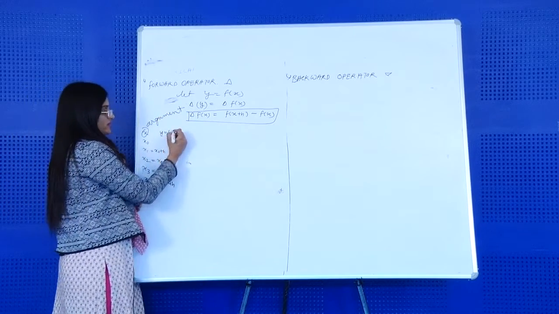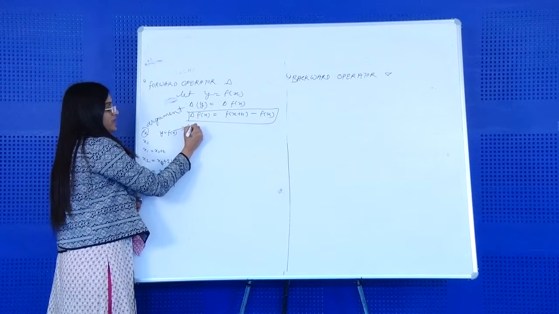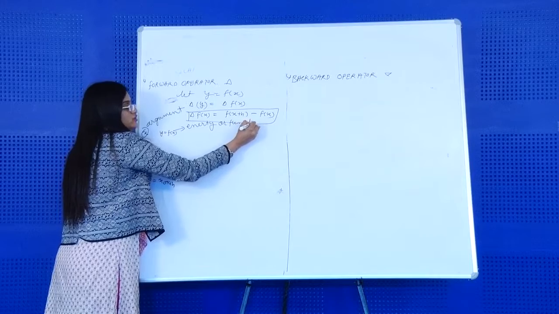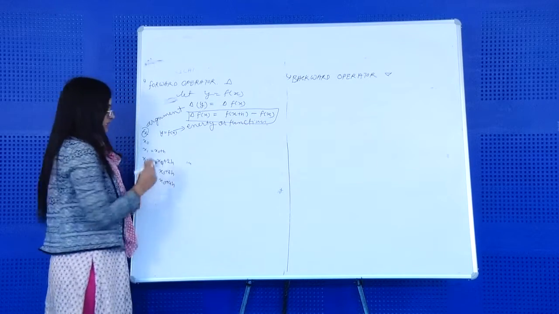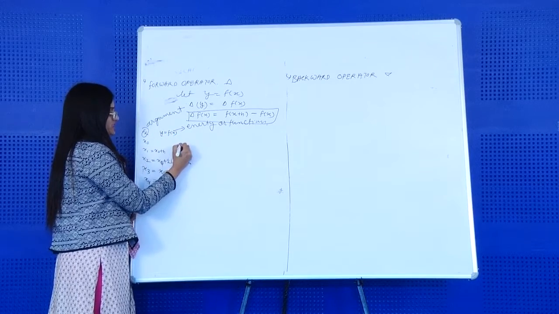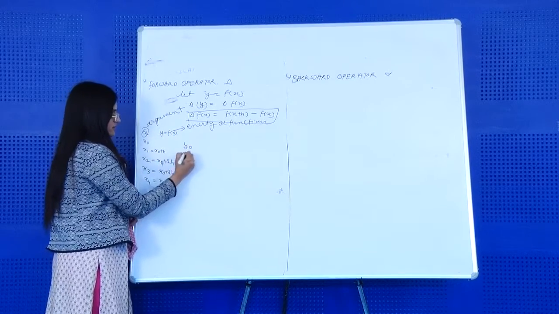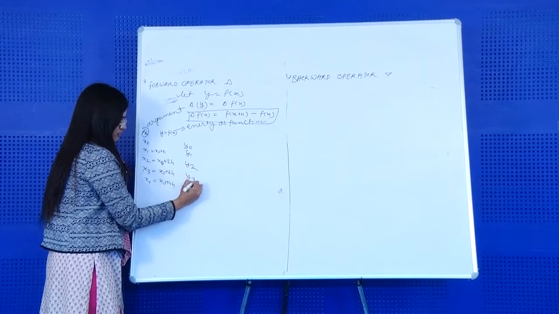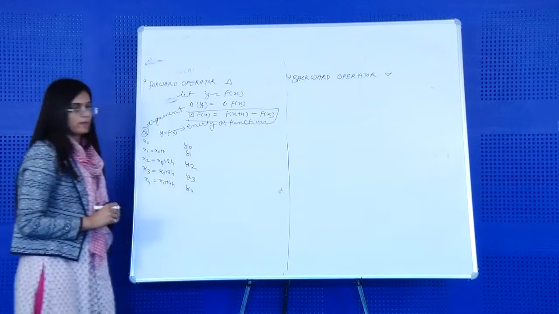And y equals f of x is the entry, or function, of the table. If I have x0, the corresponding value of y is y0. This one is y1. Here I get y2, y3 and y4.